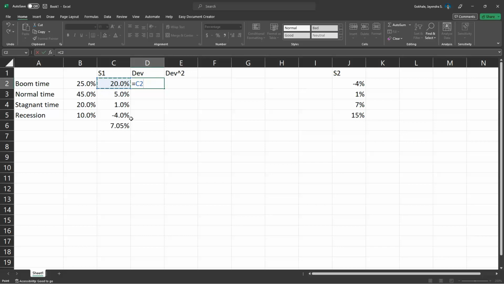actual return minus the average or the expected return. That is the deviation. So it's 20% minus 7.05%, which is 12.95%. And then the next one will be 5% minus 7.05%, which will be minus 2.05%. Then minus 6.05%.